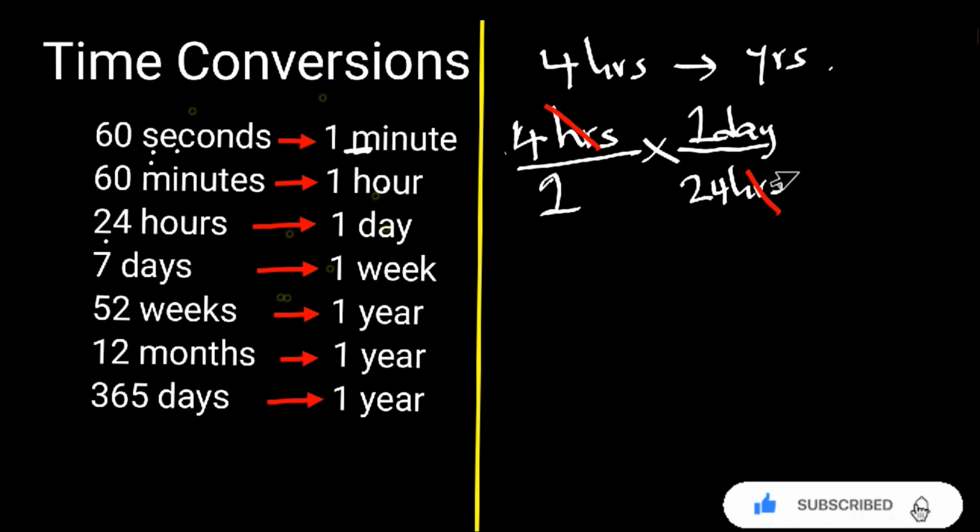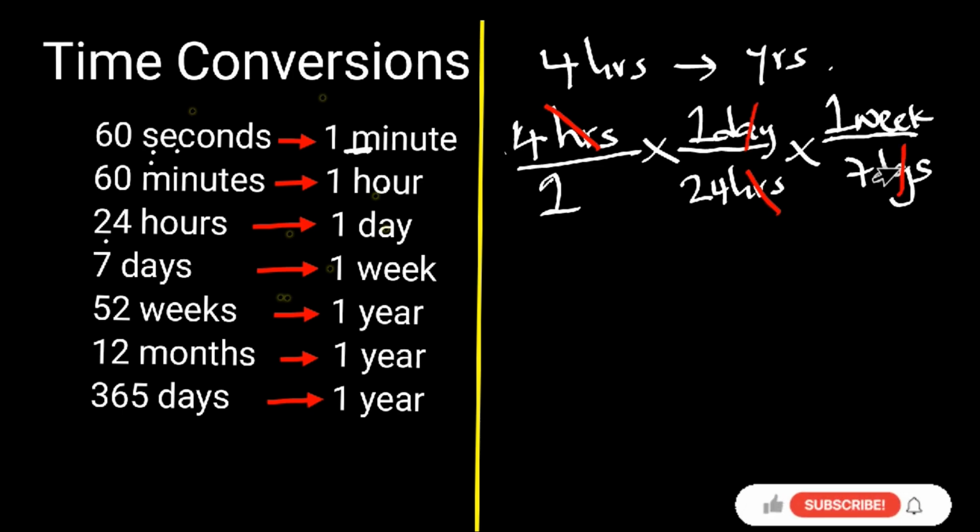And so after this, we find the relationship between days and week. And from our table here, we have that 7 days make 1 week. And so for day to cancel out, we write the day in the denominator. So we have that this is 1 week and then 7 days, because 7 days make 1 week. And so this day and this day will cancel out. So let's find the relationship between week and year.